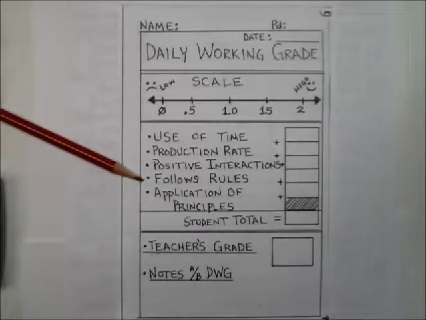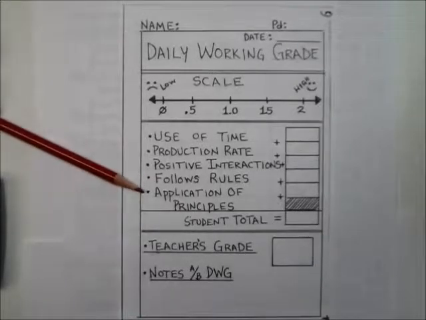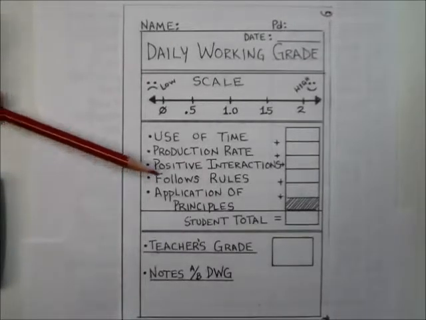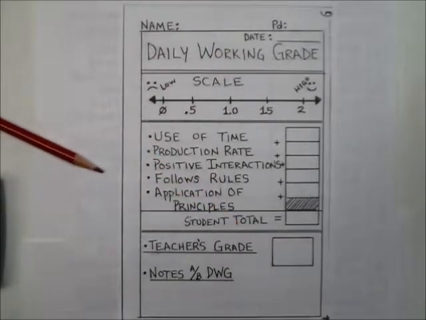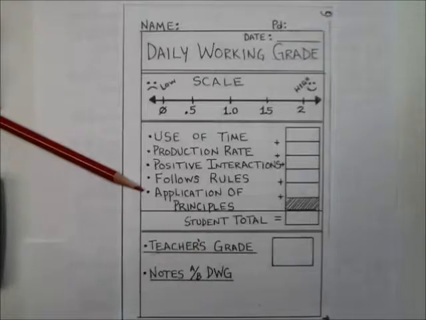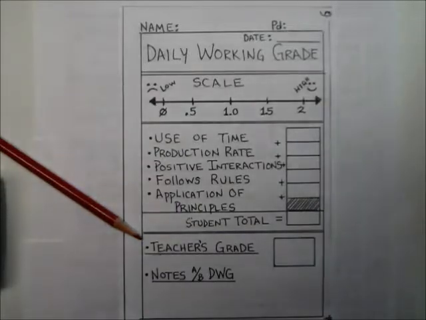Do you abide by the rules of not just the classroom but of the school in general, and are you able to apply things that I teach you without further instruction? We call that application of principles. And all of this adds up, and then if I agree with you, I simply agree with you, and if I don't, then I will change your grade and I will explain to you why that happened. And so that's how we assess your work habits in art class.